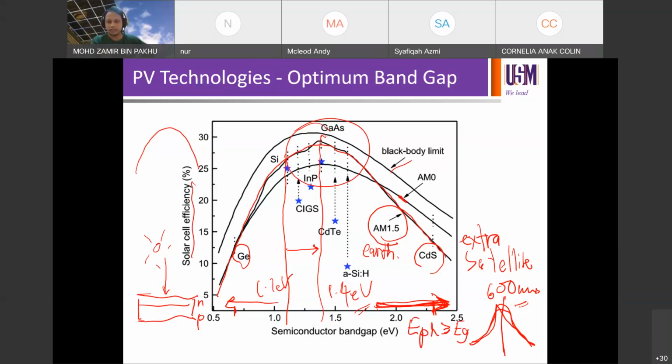So if your EG is high, it's going to be more difficult for the photons to excite the valence band electrons, right? So is it easier or harder for the light to be absorbed?